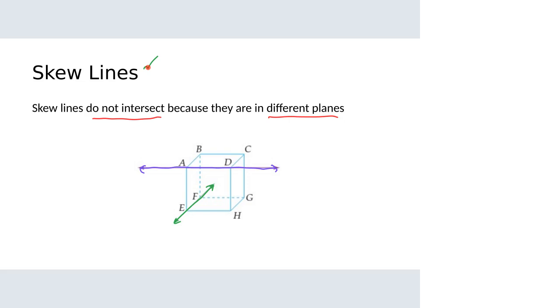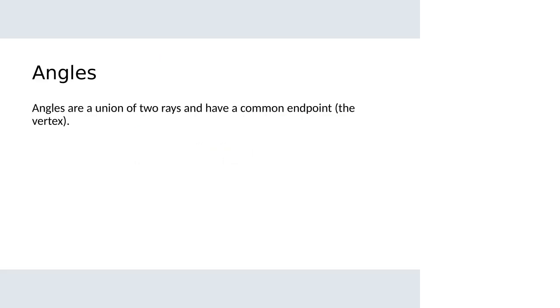All right, let's talk about some angles. Angles are a union of two rays and have a common endpoint. That common endpoint is called the vertex. That's a very formal way to define an angle. My guess is most of you are pretty familiar with the idea of an angle.